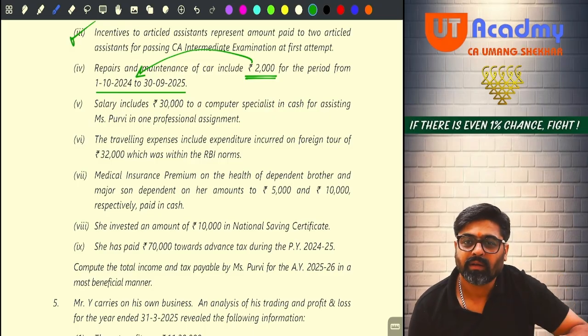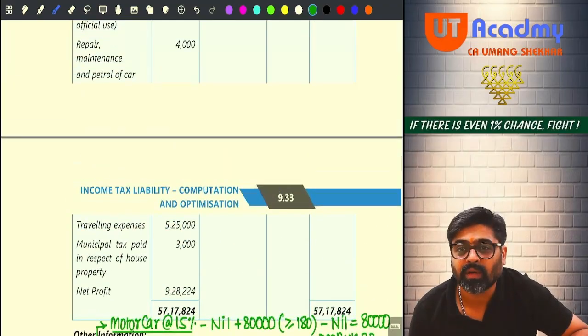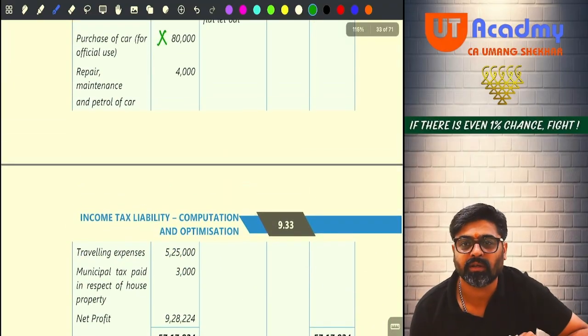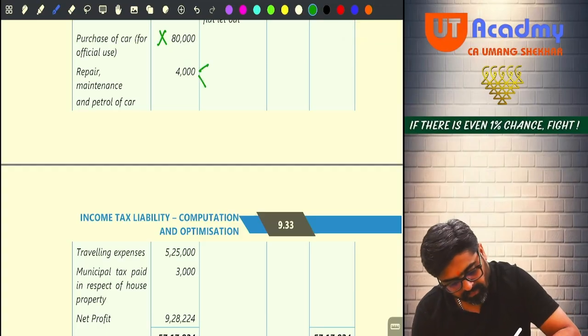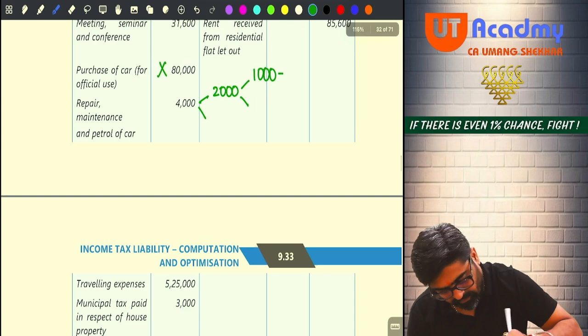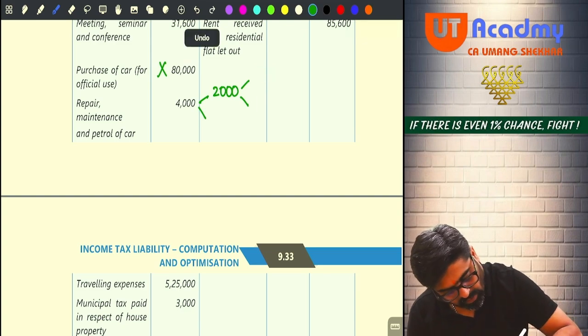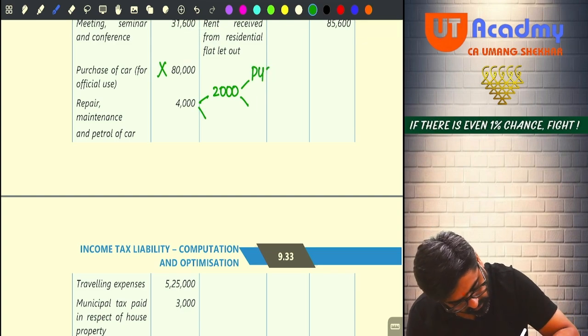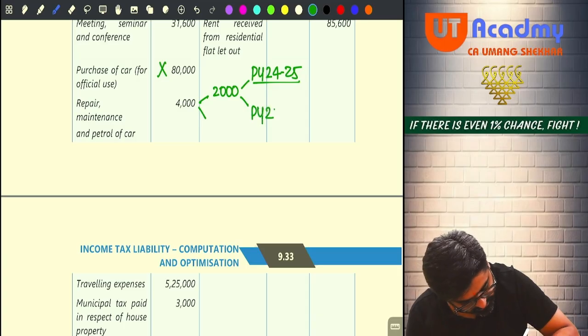No. Now this 2000 is included above in the 4000. Can you see this 4000? Now in this 4000, that 2000 given in the adjustment, out of that 1000 is for 24-25 and 1000 is for 25-26, 6 months.